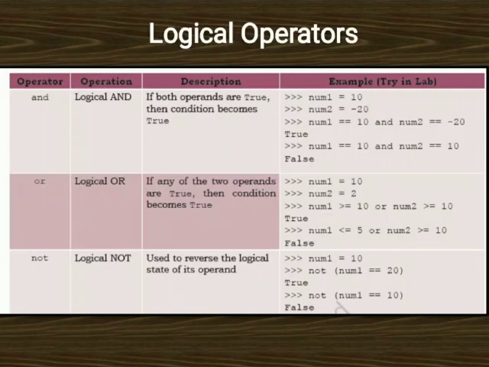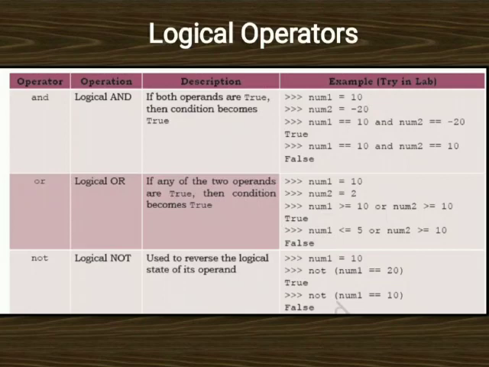Here we will consider an example. See this last column. Num1 is equal to 10, num2 is equal to 2. Now let us check the condition. Num1 is greater than or equal to 10. Num1 value is 10. So is 10 greater than or equal to 10? The condition comes out to be true. No, it is not greater, but at least it is equal.